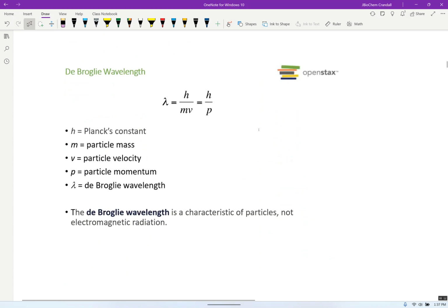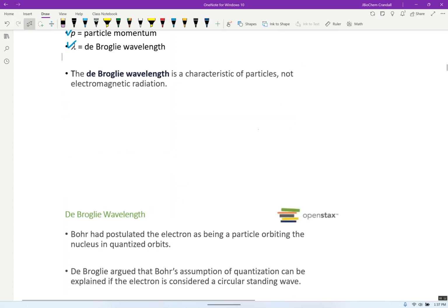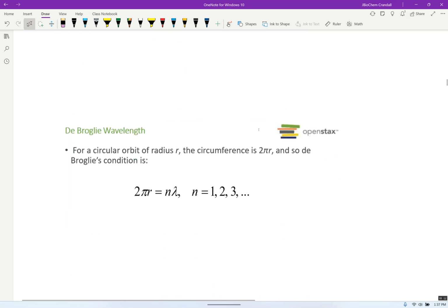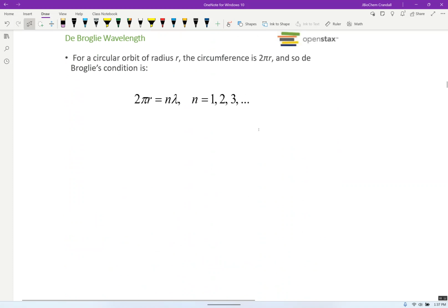Oh, look, here's somewhat of a list of those. We have Planck's constant, particle masses, particle velocities, which is different than frequency, momentums, and the de Broglie wavelengths. This is just showing up again, n equals 1, 2, 3.